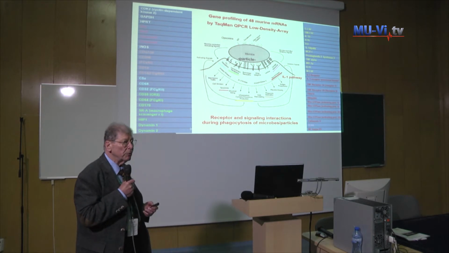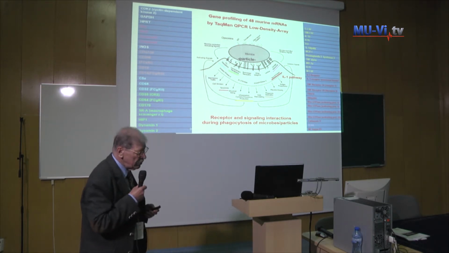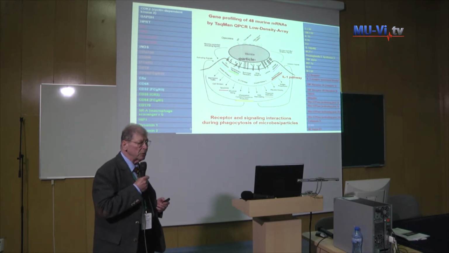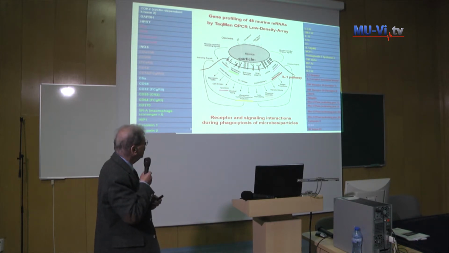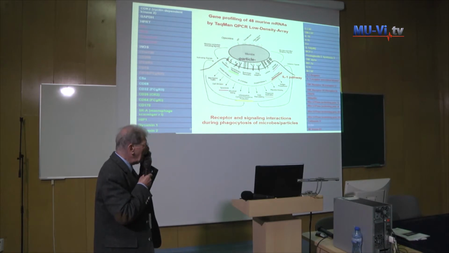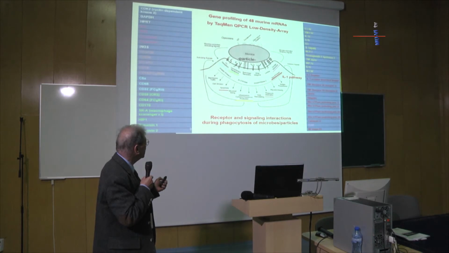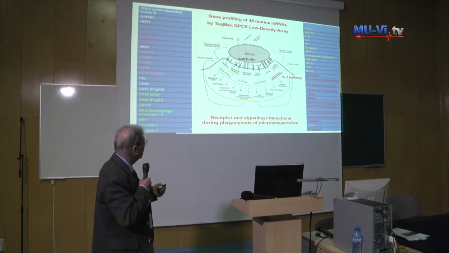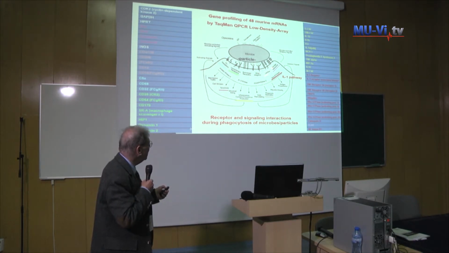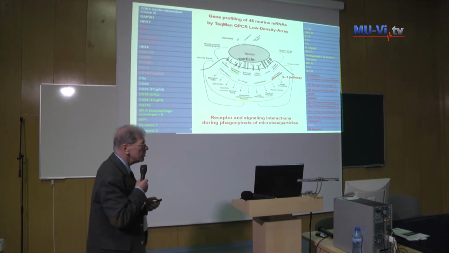You know that macrophages usually are able to deal with microbes, and there are on the surface of these microbes some features that are Fc receptors or complement receptors or scavenger receptors, other integrins, lectins, toll-like receptors, and so forth.